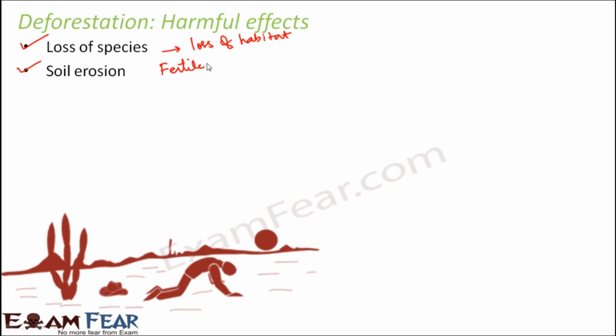Your fertile land is going to get gradually converted into hard rocks, and over a period of time this will result in the formation of deserts. So this will lead to desertification of that area. Agriculture will no more be possible in that area, because fertility is completely lost. So this is another consequence of deforestation: deforestation can lead to desertification.